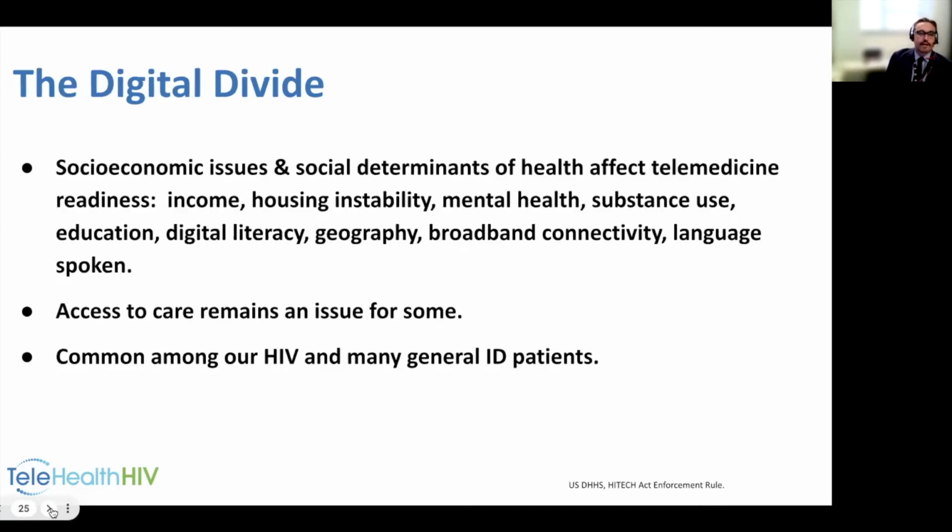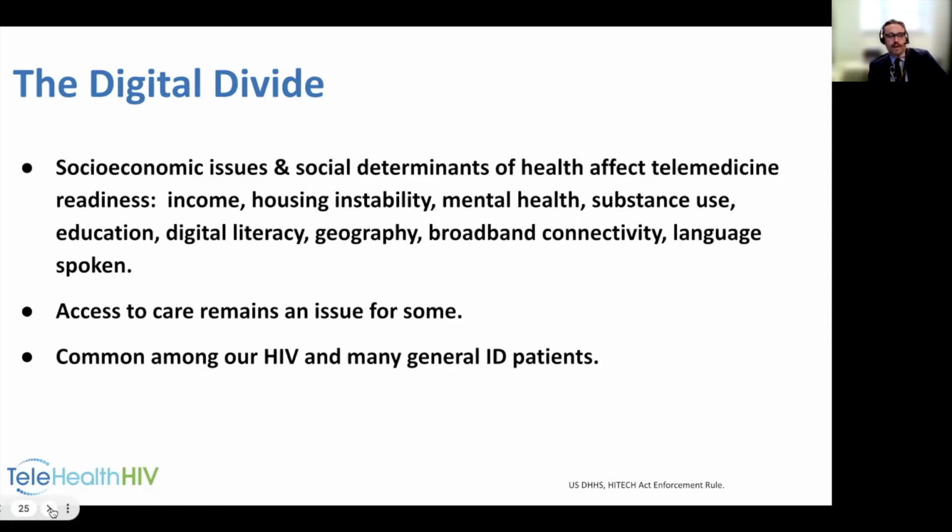The digital divide is real. Socioeconomic issues and social determinants of health affect telemedicine readiness. When you look at things like income and housing instability, mental health, substance use, education, digital literacy, geography. My father retired to a very rural area and he didn't have access to broadband until like a year and a half ago.